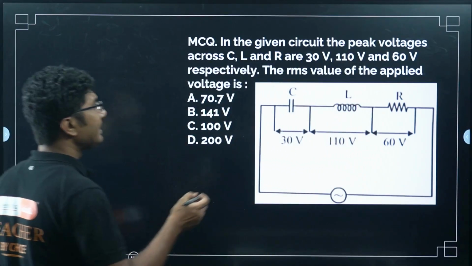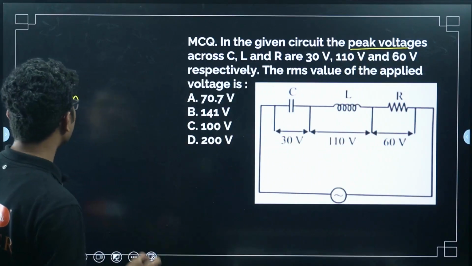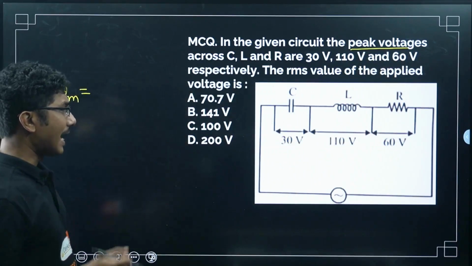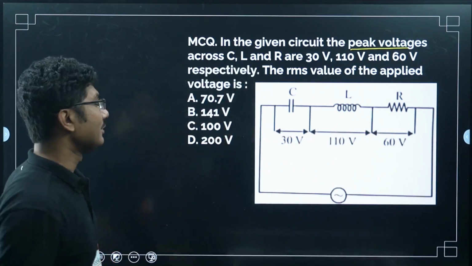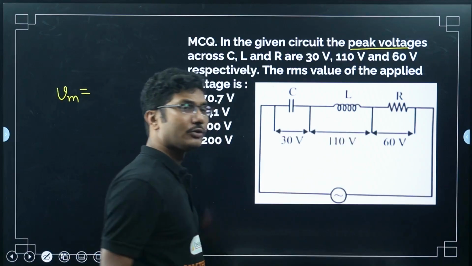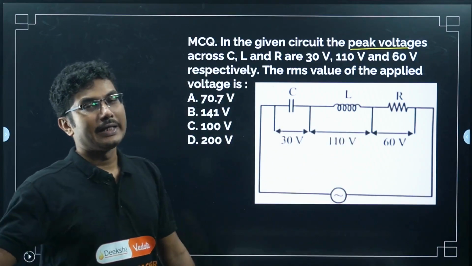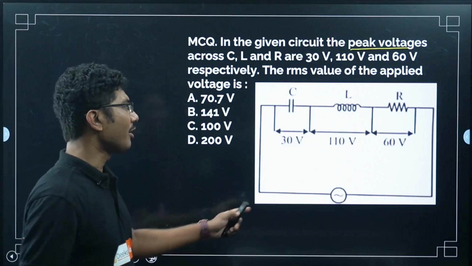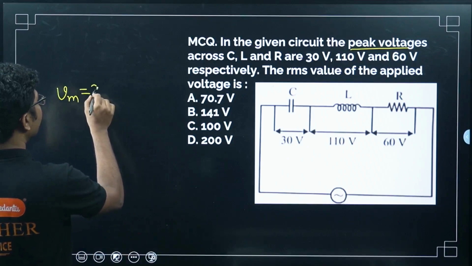Now peak voltages across each component are given. So what is the peak voltage? We already know that Vm is the addition of all the peak values, right? In case of RMS, it should be the addition of all the RMS values. So you can convert each to RMS individually, then add them up, or like the way I am doing, I am finding the total peak value of the input voltage.